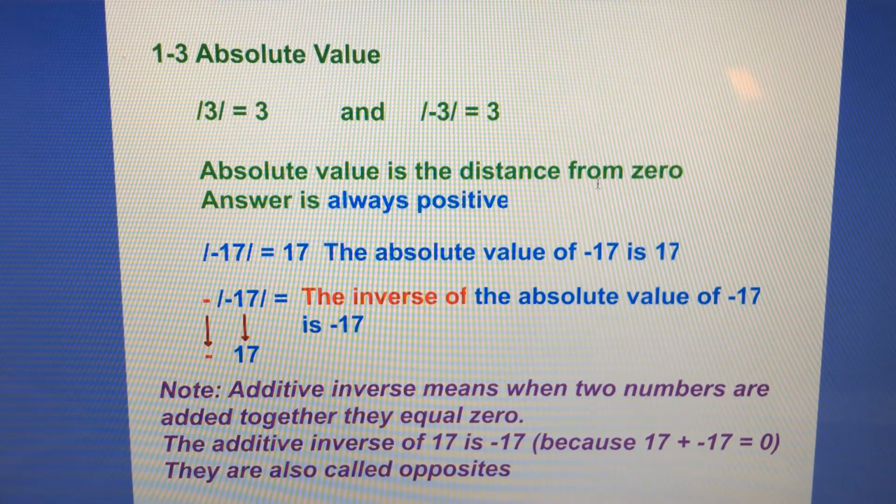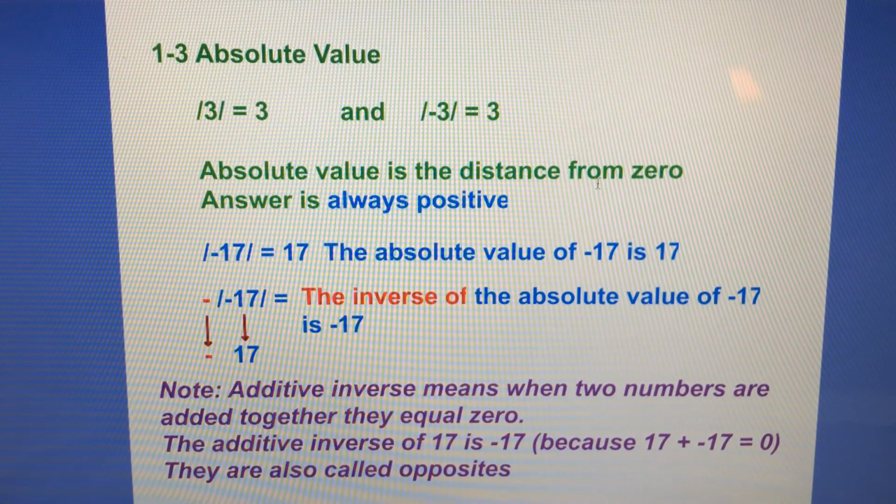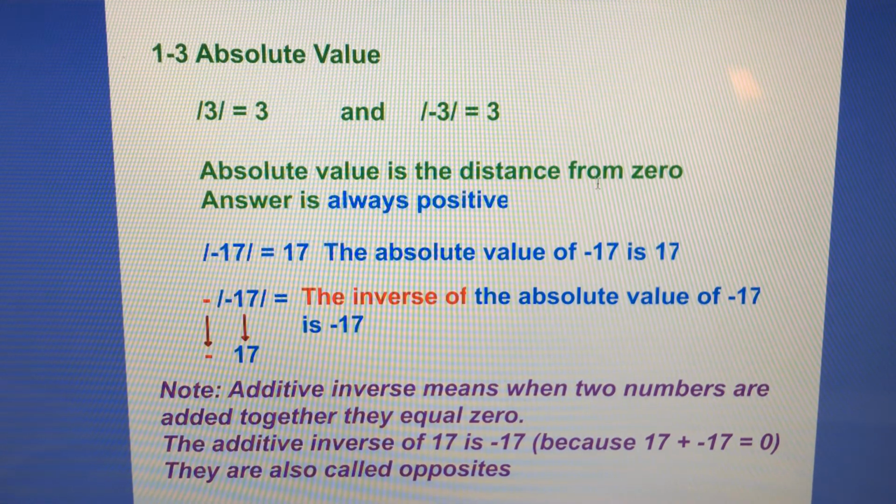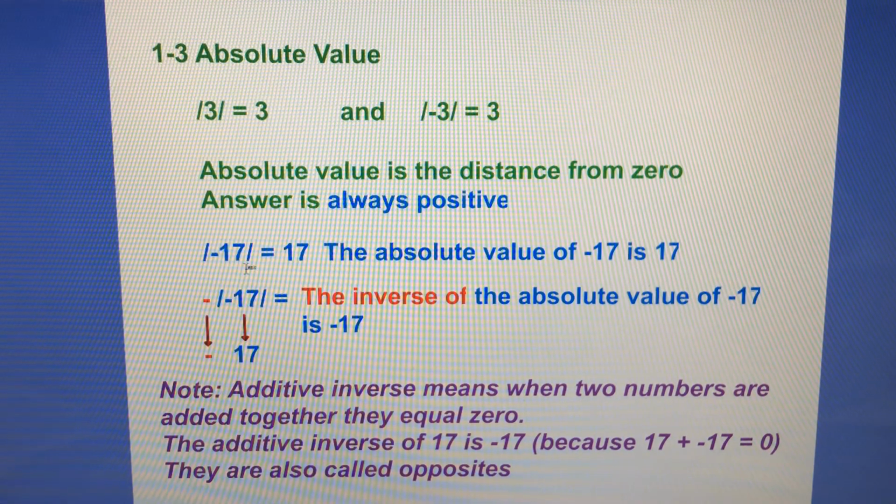If you are measuring distance using a ruler or a tape measurer, your tape measure does not have negative numbers on it. How far away is -3 from 0? It is 3 spaces. Absolute value of -17 is +17.